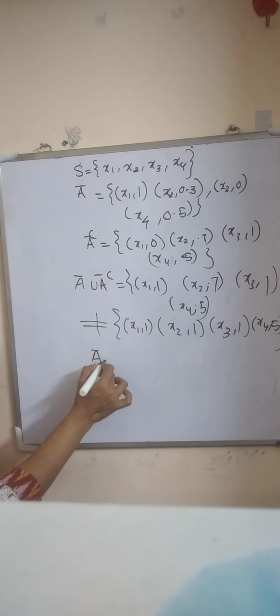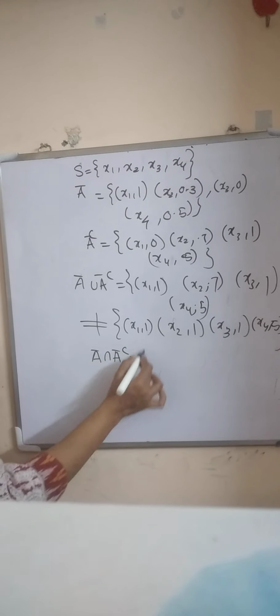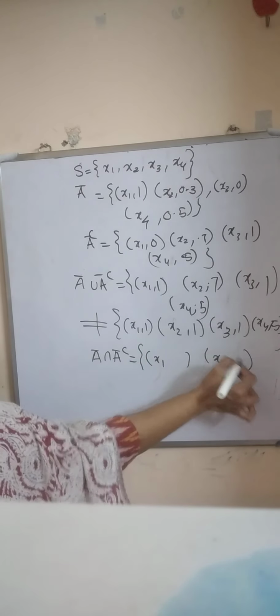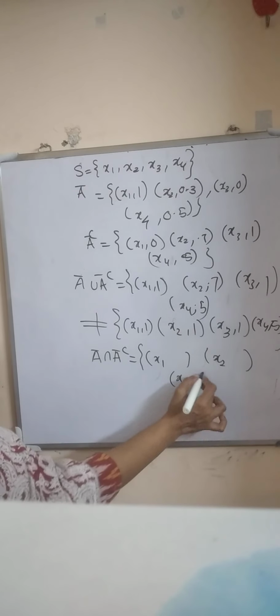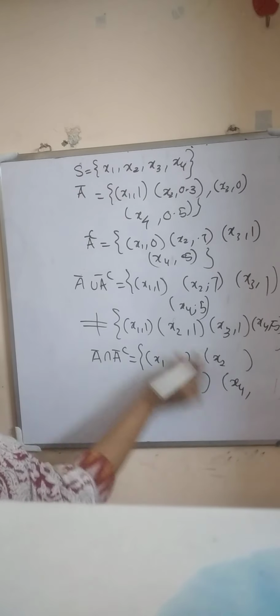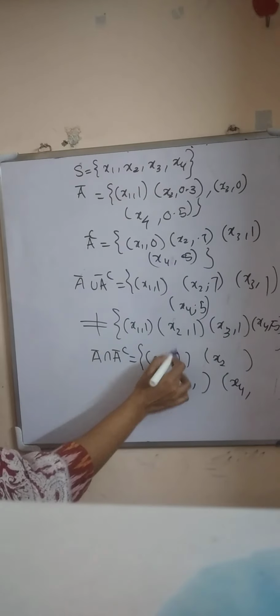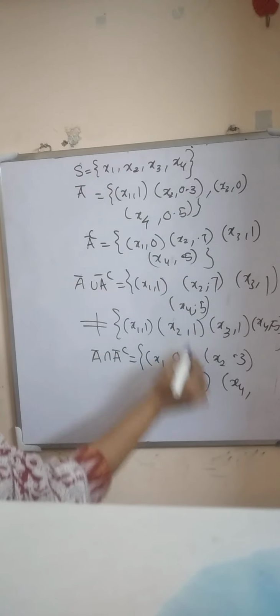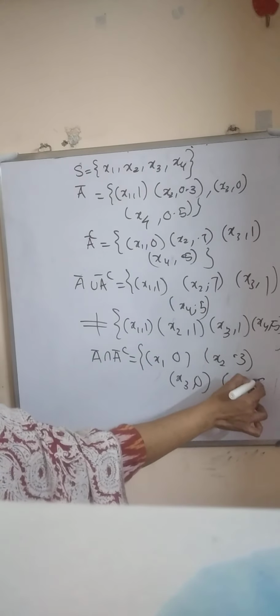Similarly, what is A bar intersection A bar complement? Here the set of ordered pairs x1, x2, x3, x4, then take the minimum of A bar and A bar complement. What is the minimum of 1 and 0? 0. 0.3 and 0.7 is 0.3. 0 and 1 is 0. And 0.5 and 0.5 is 0.5.